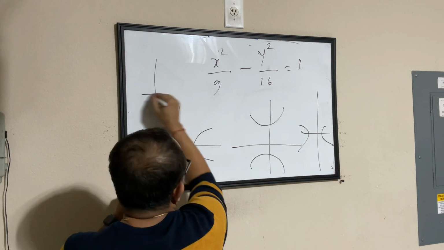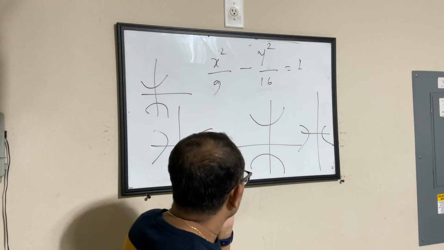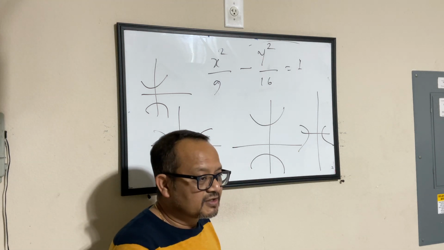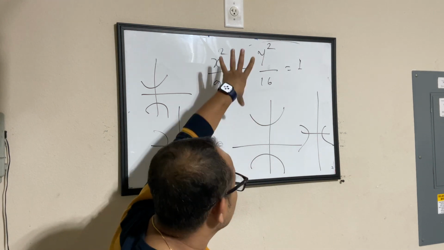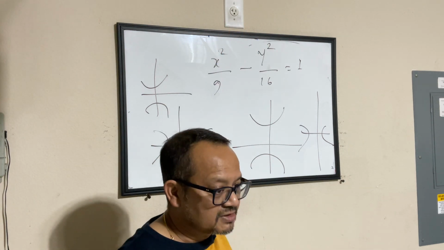So just by looking at this equation, you have to find out which diagram is representing the hyperbola that will be derived, or graph that will be graphed using this equation.